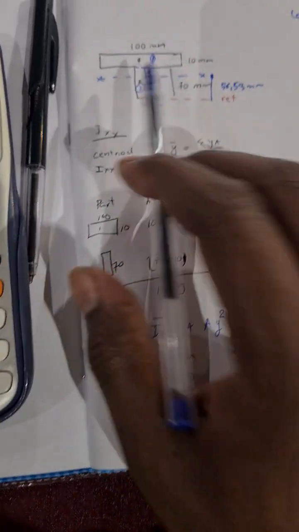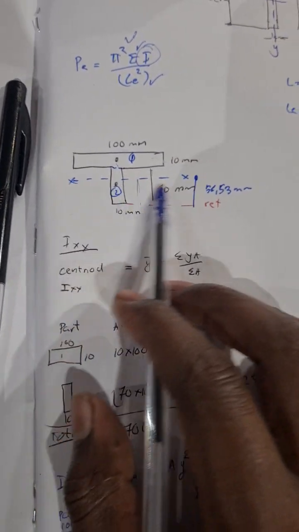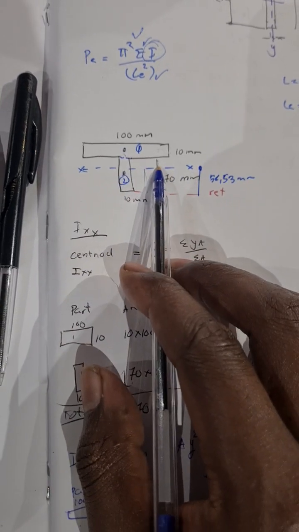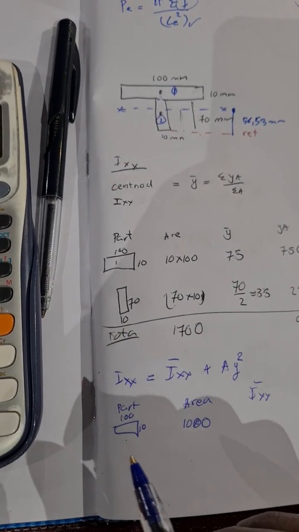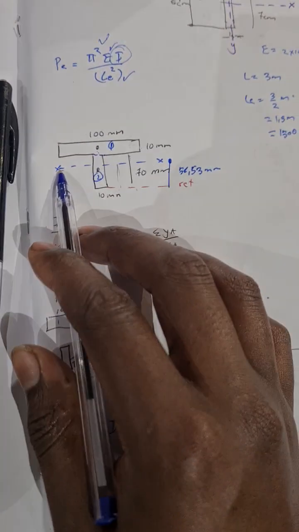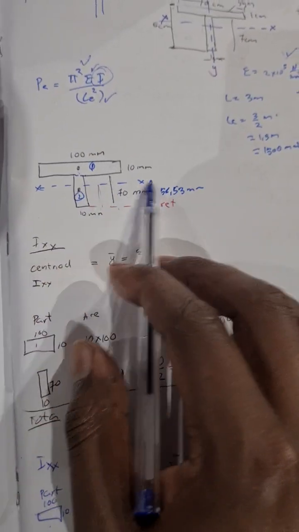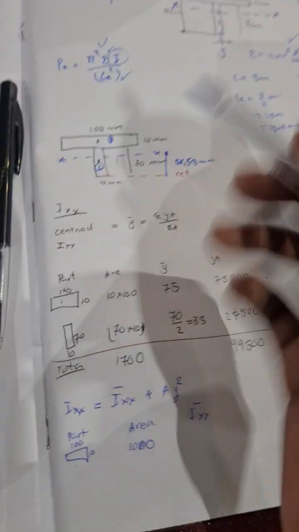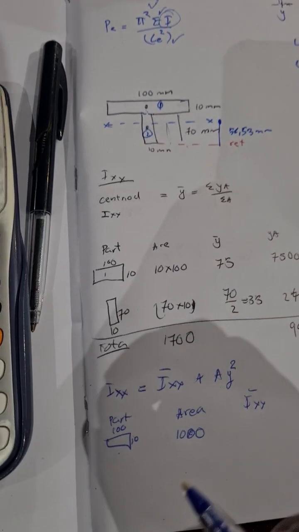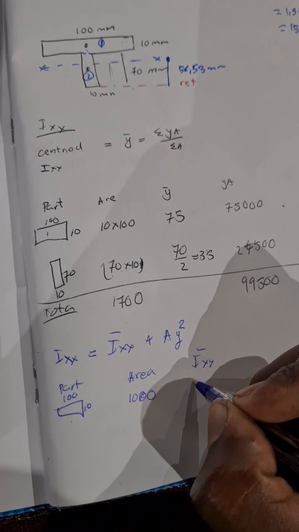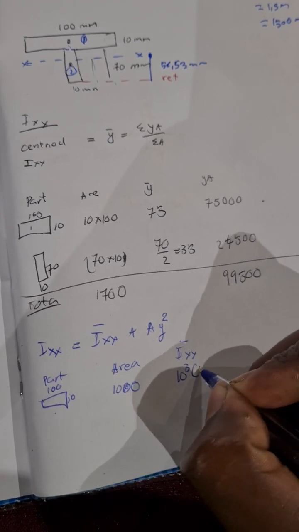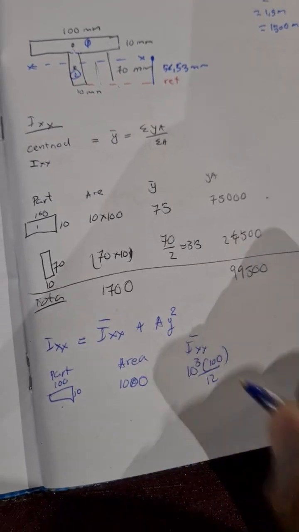Remember, we always cube the one that is perpendicular to the axis: if this one is horizontal, we cube vertical, and vice versa. So let's do it. It's a rectangle, so it's going to be 10 cubed times 100 over 12.